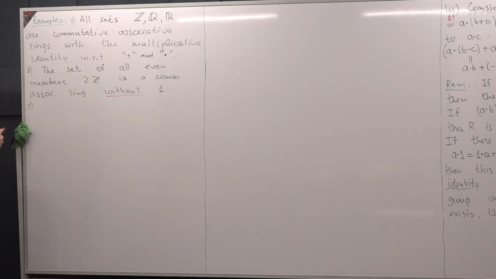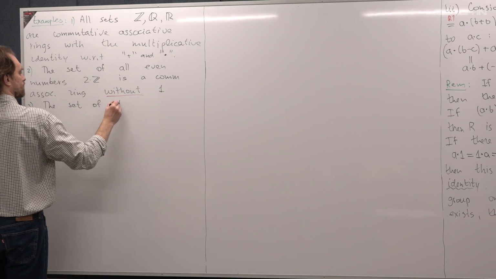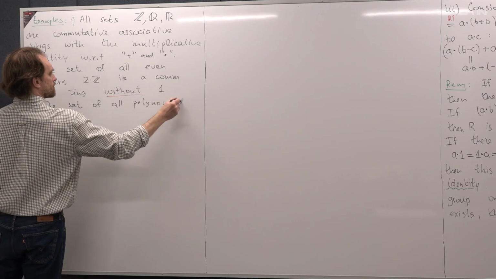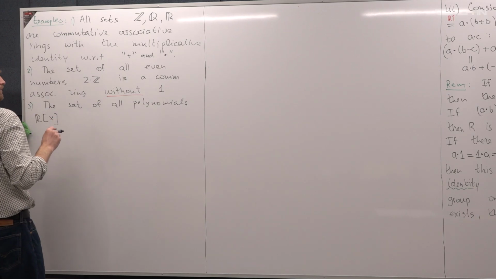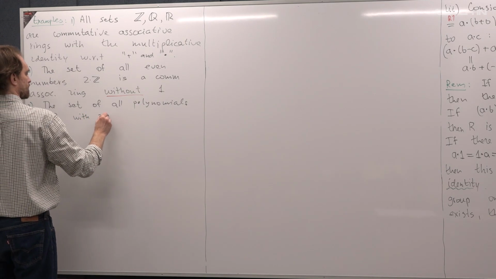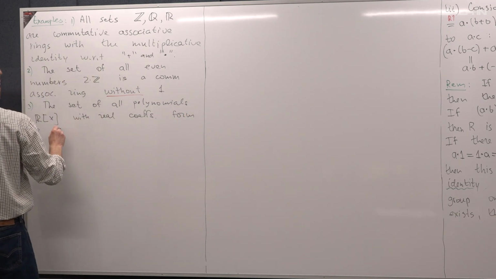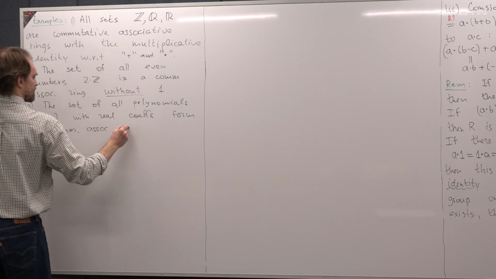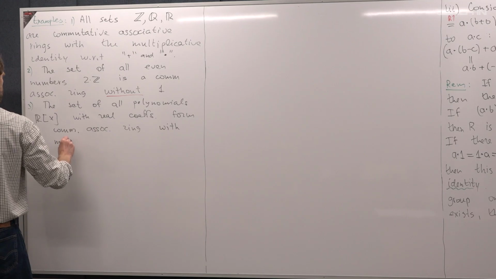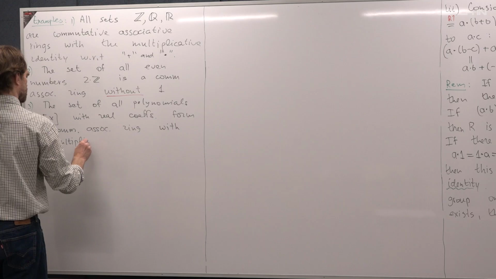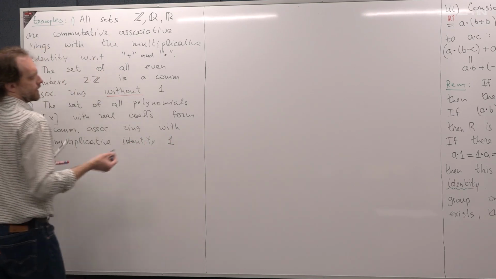Then the set of all polynomials with real coefficients or with rational coefficients, this makes no difference, forms a commutative associative ring with the multiplicative identity, sorry, one, which is just the constant polynomial.